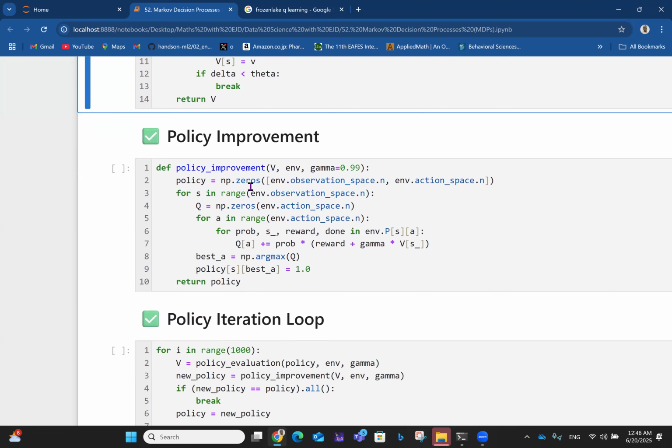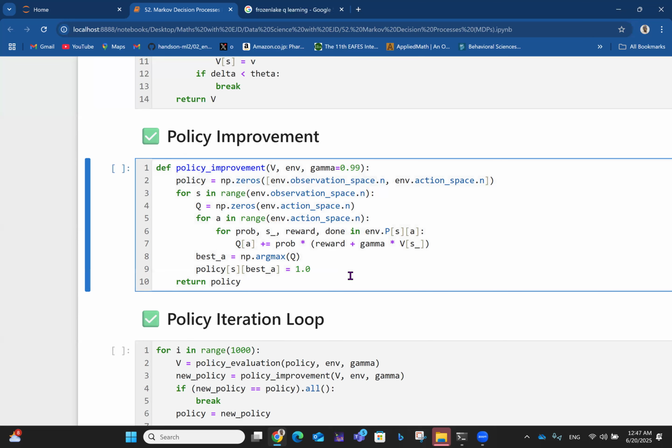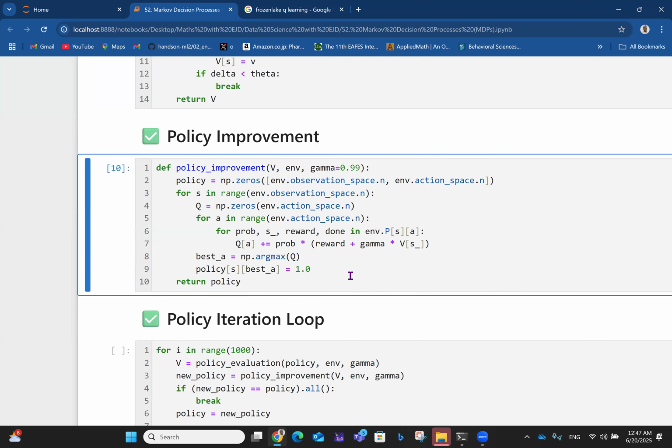Of course, zeros is a numpy function to populate a matrix with zeros, with environment.observation_space.n by environment.action_space.n. For s in range of environment.observation_space.n, you compute Q, all these things we've talked about before, being coded. So we do that too, and we return the policy.